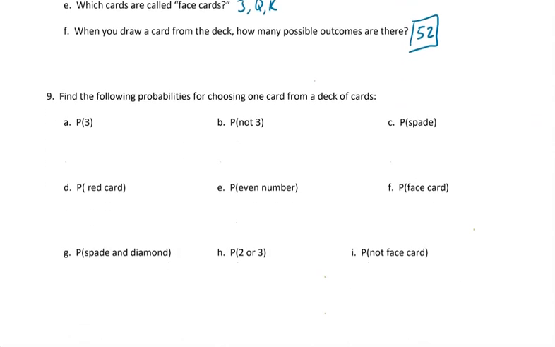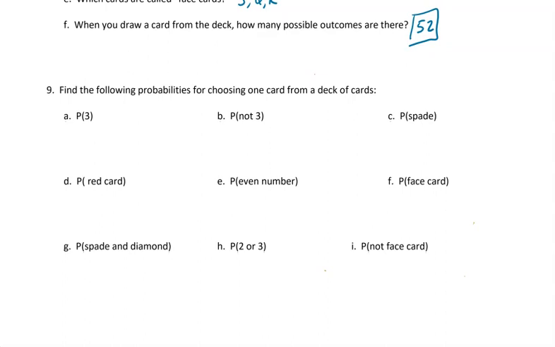Okay, so let's go ahead and do a little bit of probability with cards. First off, don't forget all of these are going to be out of 52 because there are 52 cards in the deck. So probability of getting a 3.